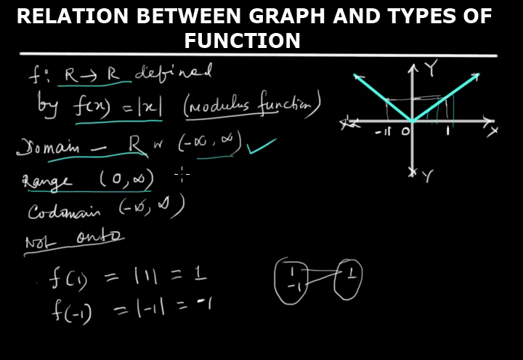So you can say that the range is 0 to infinity. But the codomain is all real numbers, that is, minus infinity to infinity. So here the codomain is not equal to the range, and this implies that the function is not onto.